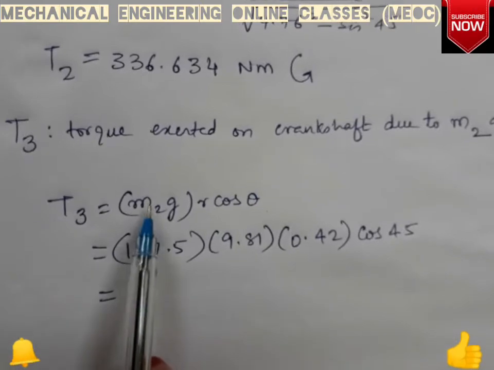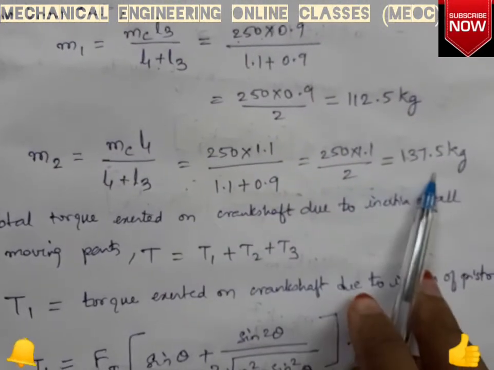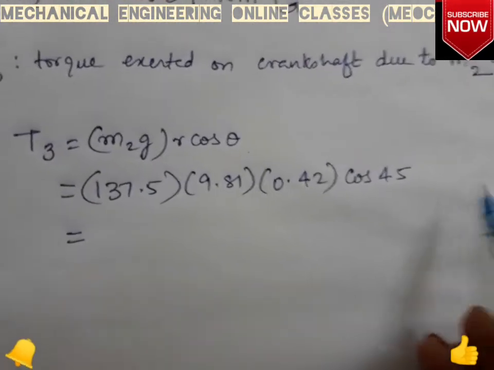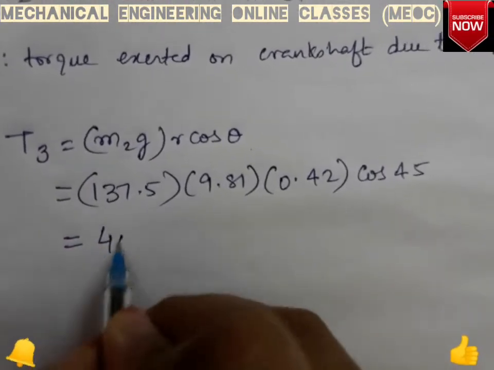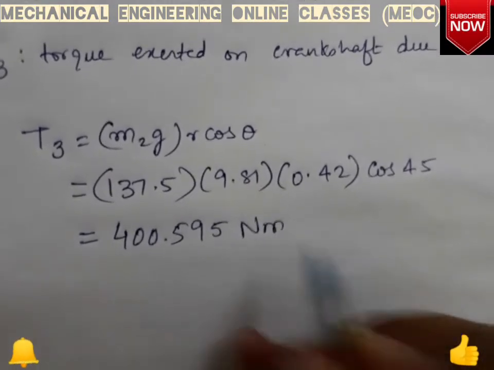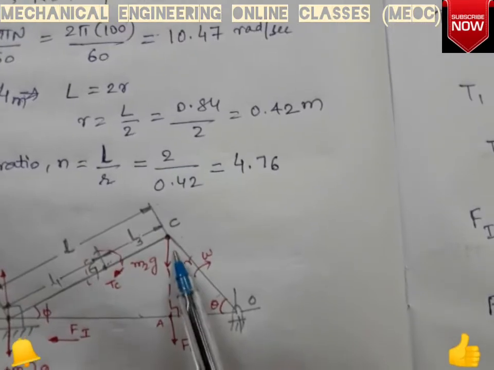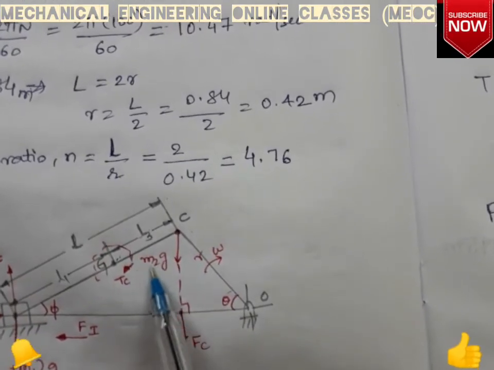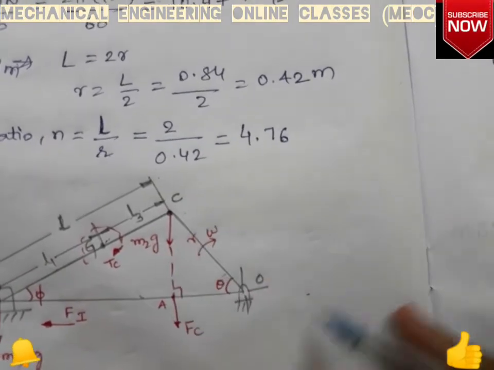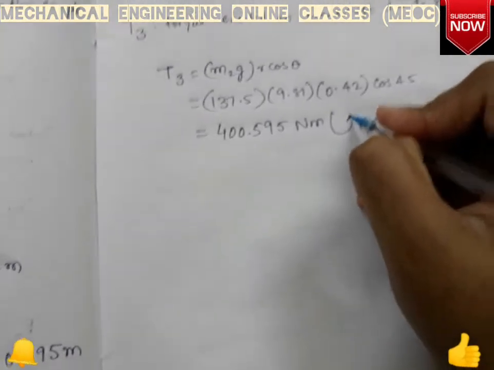As we have already calculated, M2 is obtained as 137.5 kilogram. Substituting, after calculation we get 400.595 Newton meter. So T3, due to this M2, will be acting in counterclockwise direction.